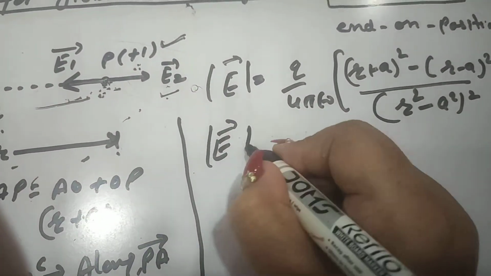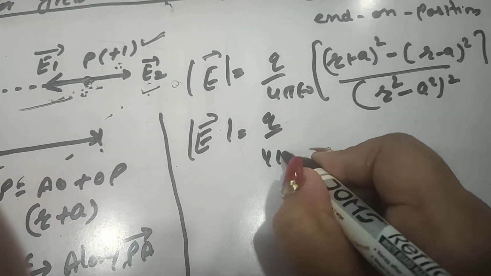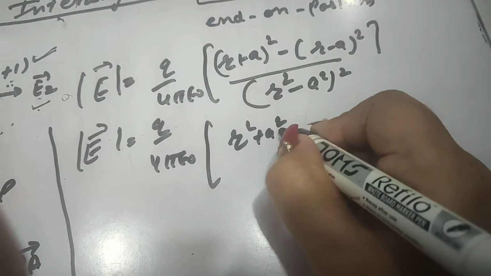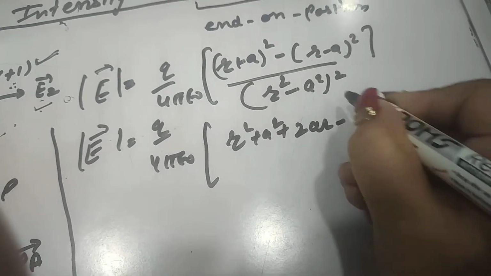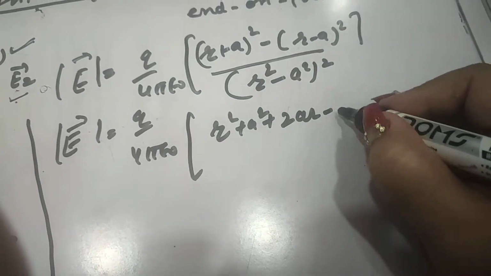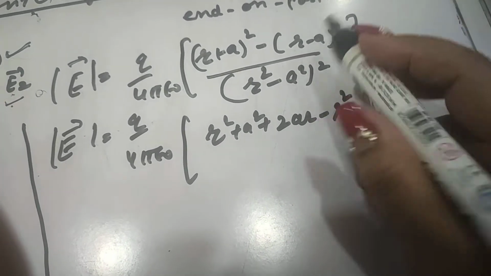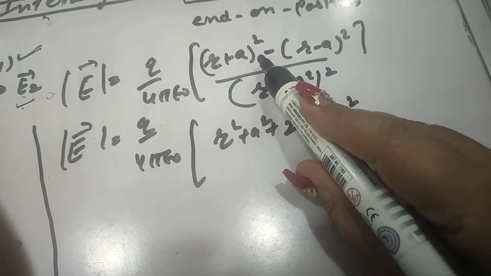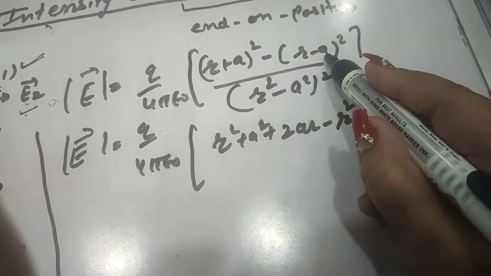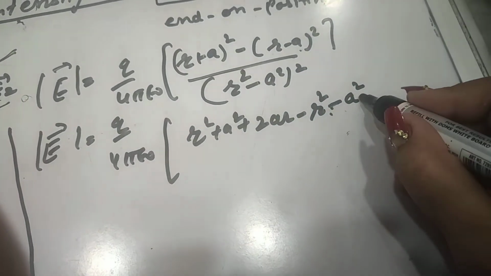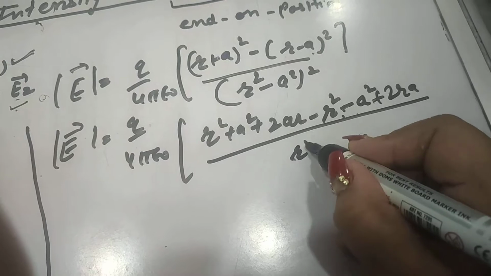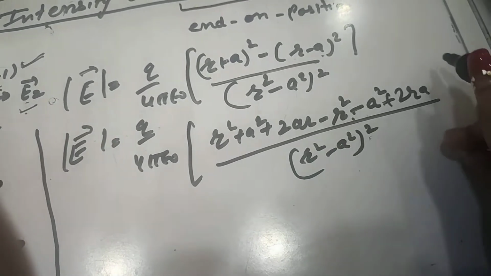So E vector is equal to q upon 4 pi epsilon naught. Opening this: r square plus a square plus 2ar, minus, when we keep the minus sign here, the internal signs will change, so r square minus a square plus 2ra, giving plus 2ra upon (r square minus a square) whole square.